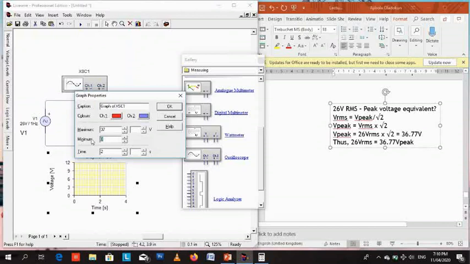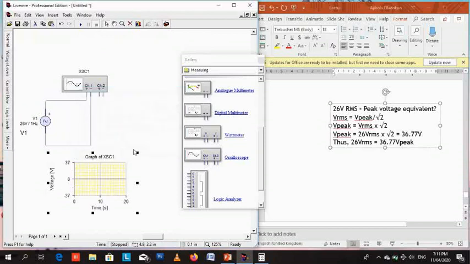So the minimum will be minus 37. The time, we can make it maybe 10 seconds. Okay, so let's run the simulation.